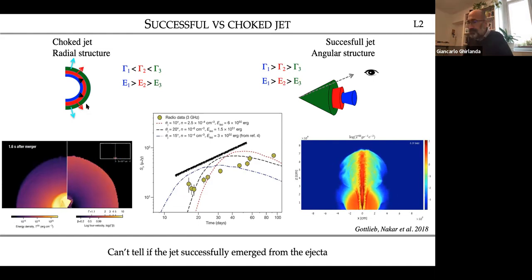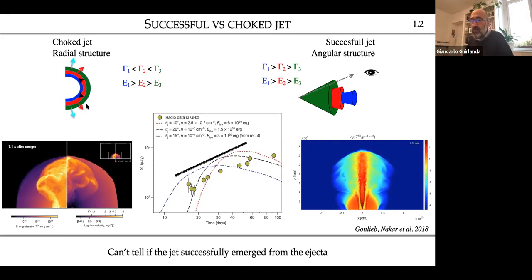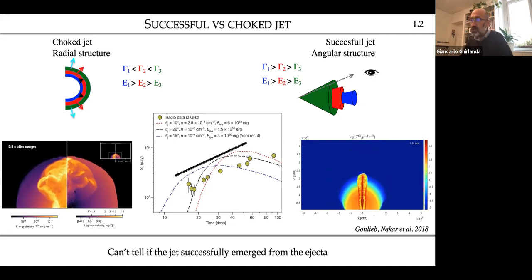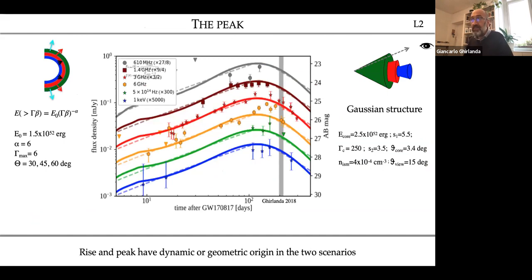So this was the question, and as you know, people went on collecting the observational data up to the time when the emission peaked, and even later. The peak was detected at around 150 days.